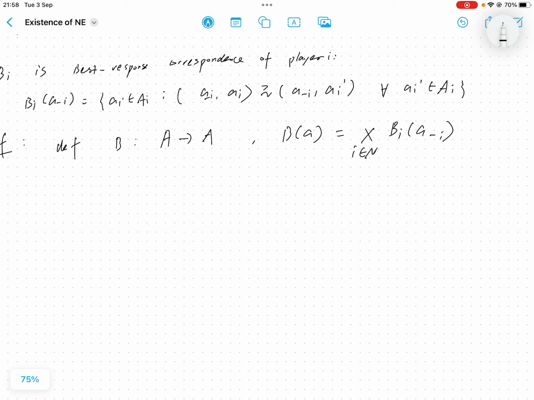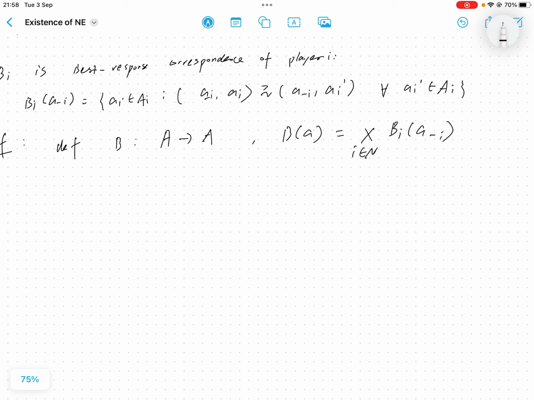Intuitively, this means that we put everyone's best response into this correspondence, and because the dimension of the input and output coincide, they match, surprisingly.